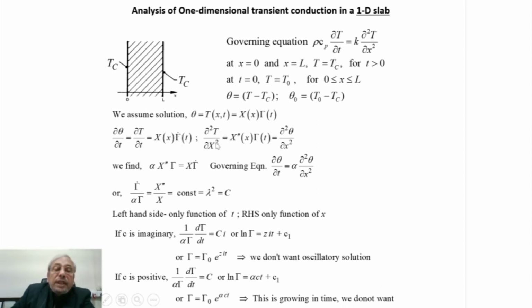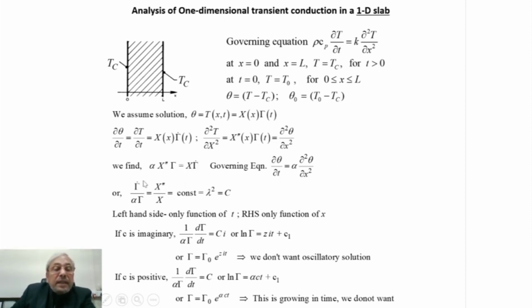Del 2 theta del x2 is X double prime x into gamma t. So after substituting in the governing equation, which is del theta del t equal to alpha del 2 theta del x2, we get alpha X double prime, the double derivative of the x component, into gamma equal to X into gamma dot.